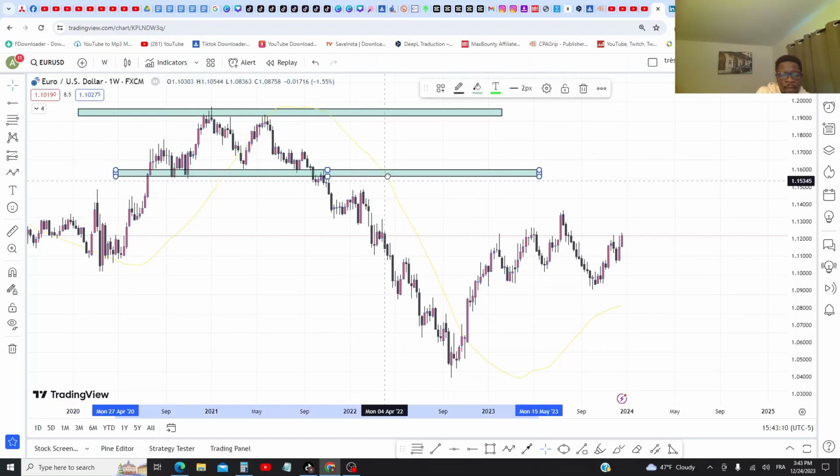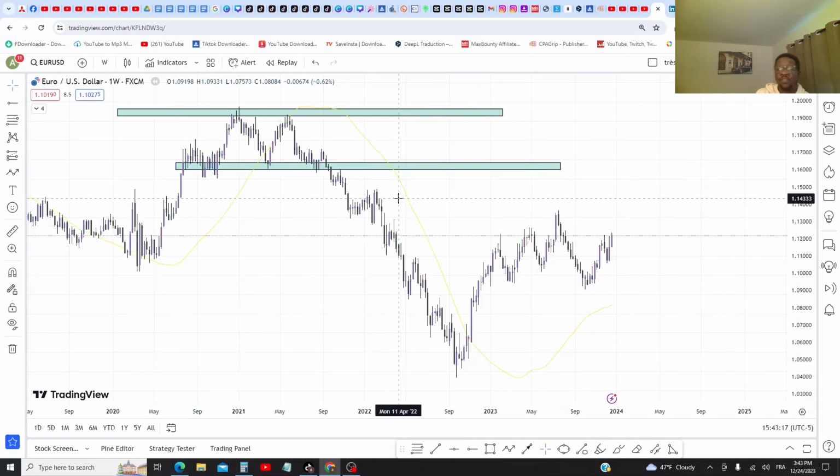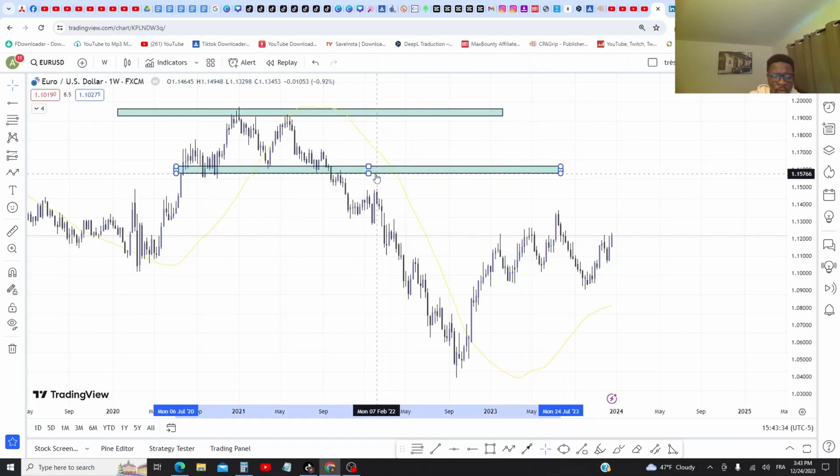Let's say we are here, we have another zone right here. That's why I say, for this technique to work for you, you need to first be able to identify a trend, and second, you need to identify a support and resistance zone, guys. It's very important. So if you don't know how, go to my YouTube channel, you're going to see it. So this was another level, right?